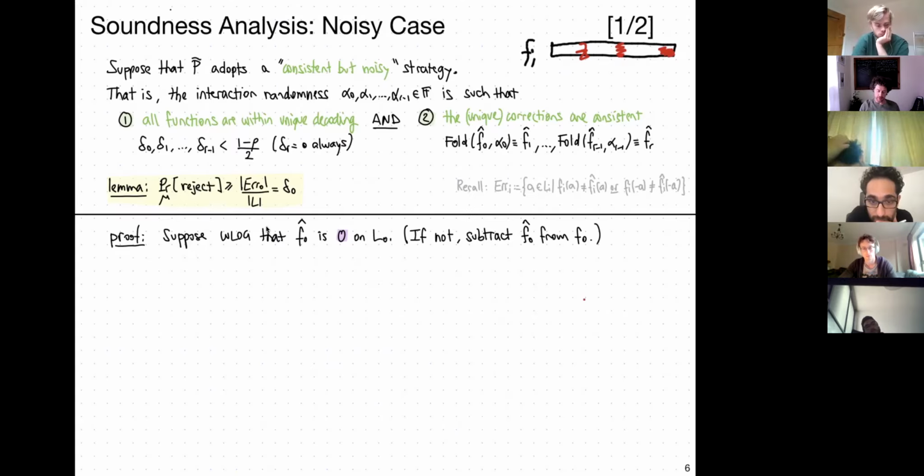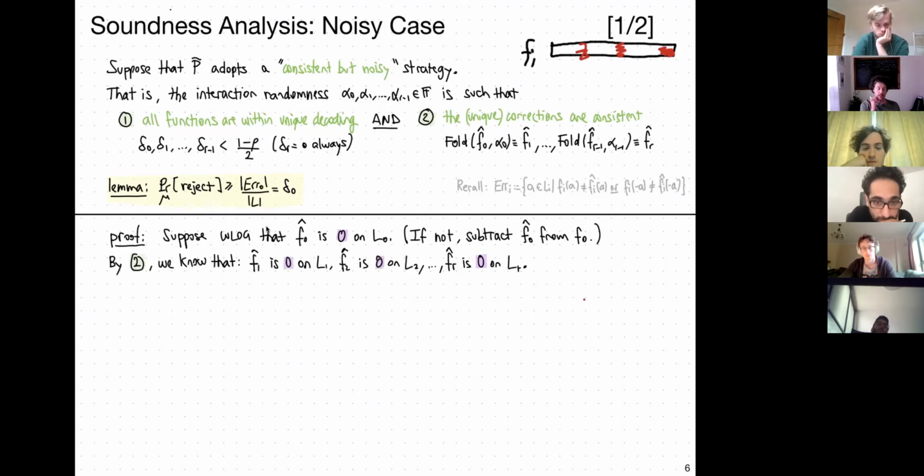But it does much more than that, because now we know that when we fold the 0 codeword, it would still be 0. So all of the prover messages, all the self-correction of everything that the prover sends, is just 0, 0, 0, 0, 0. Each round, the prover just takes zeros and changes a delta fraction of them.